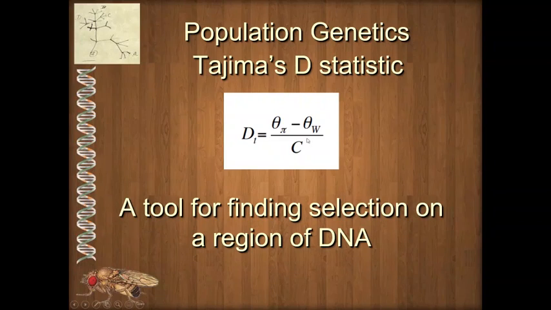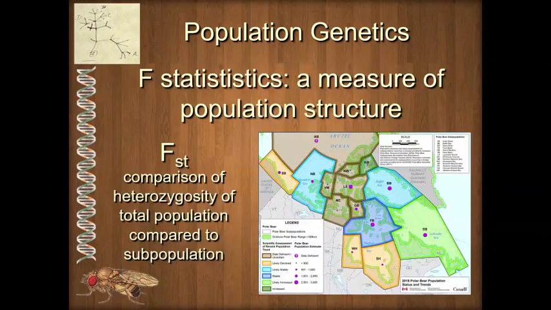The last value that you need to be familiar with, and again, there's a lot more, we can go into many, many more details about these, but for our class, as long as you know what they're used for, that's all you need to know. Okay, so the F statistic becomes a measure of population structure, and there are actually multiple ones. Some of them use individuals versus the whole population, or individuals versus subpopulations.